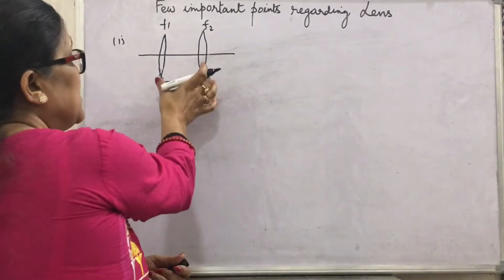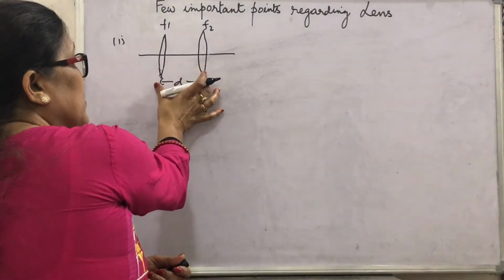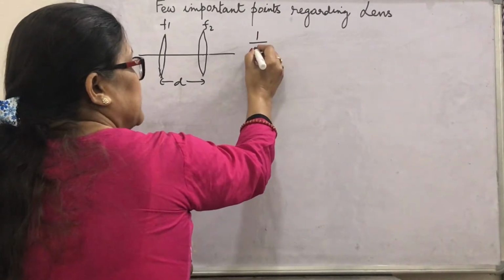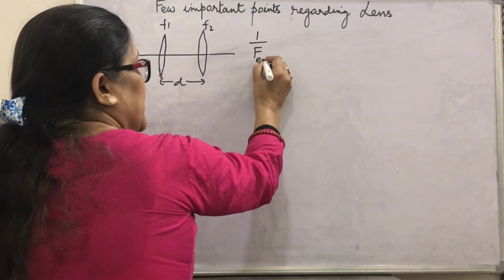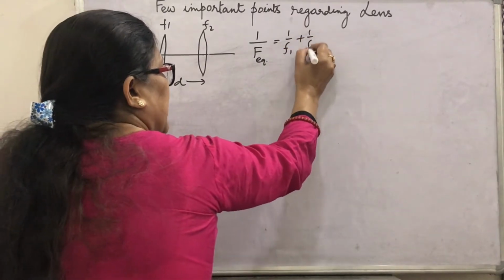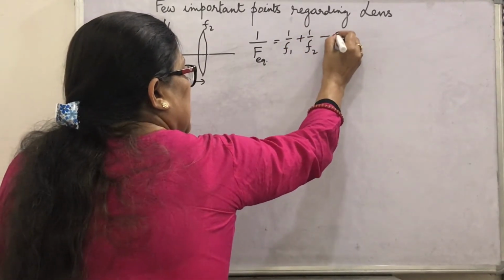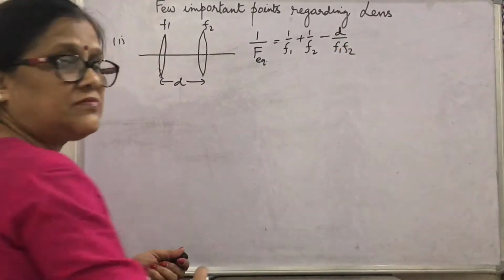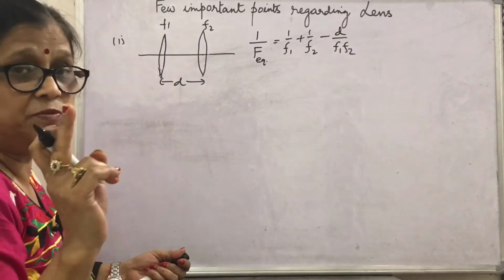Now what will be the equivalent focal length of this lens combination? Note down, this will be 1 upon f equivalent, that is 1 by f1 plus 1 by f2 minus d upon f1 f2. This is the first point.